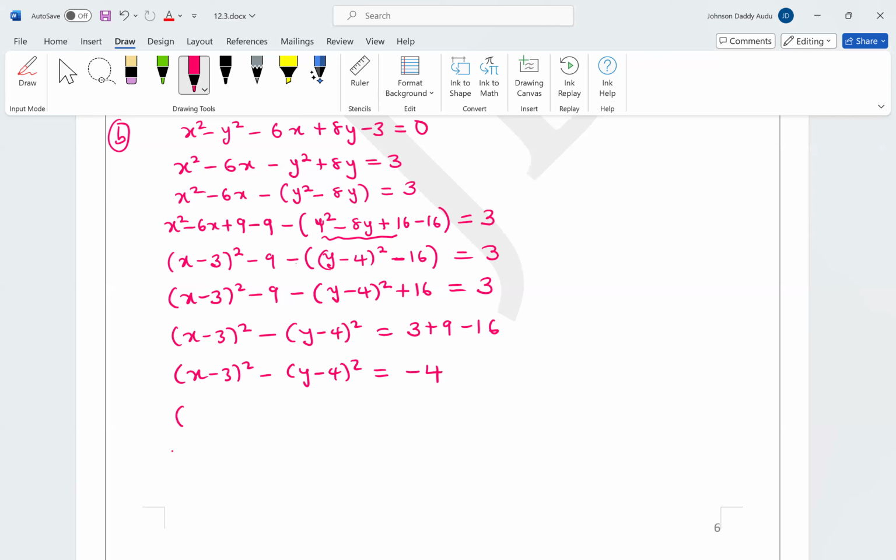So this is going to be y minus 4 squared minus x minus 3 squared, because we are dividing by minus 4. So let me write it clearly. If you divide by minus 4, you have y minus 4 squared over 4, and this would be minus x minus 3 squared over 4. This is equals to 1.